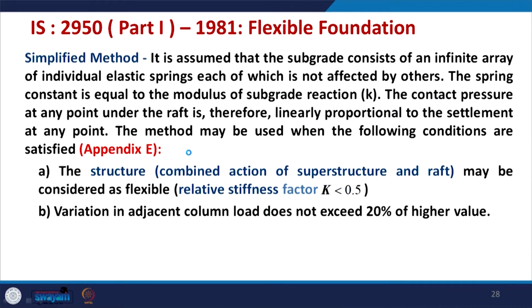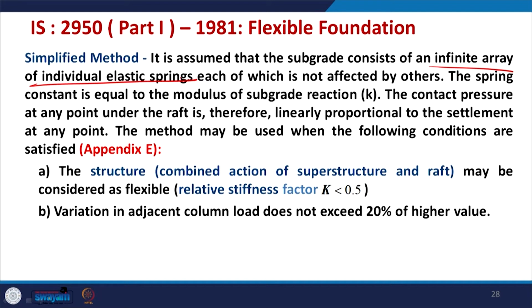In the simplified method, it is assumed that the subgrade consists of an infinite array of individual elastic springs, each of which is not affected by the others. This is important: the soil is divided into an infinite array of individual elastic springs, and these springs are independent, meaning one spring is not affected by another.